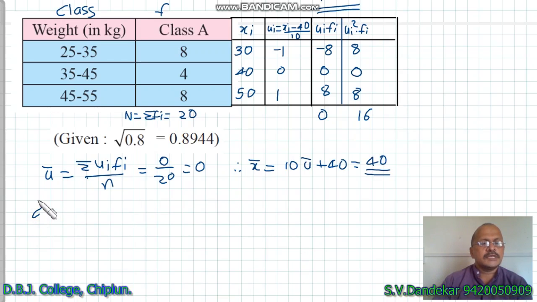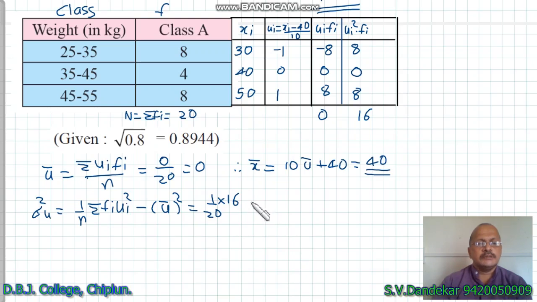Now sigma square u is equal to 1 by n summation fi into ui square minus u bar square, 1 by 20 into 16. This is equal to 0.8, because u bar is equal to 0.